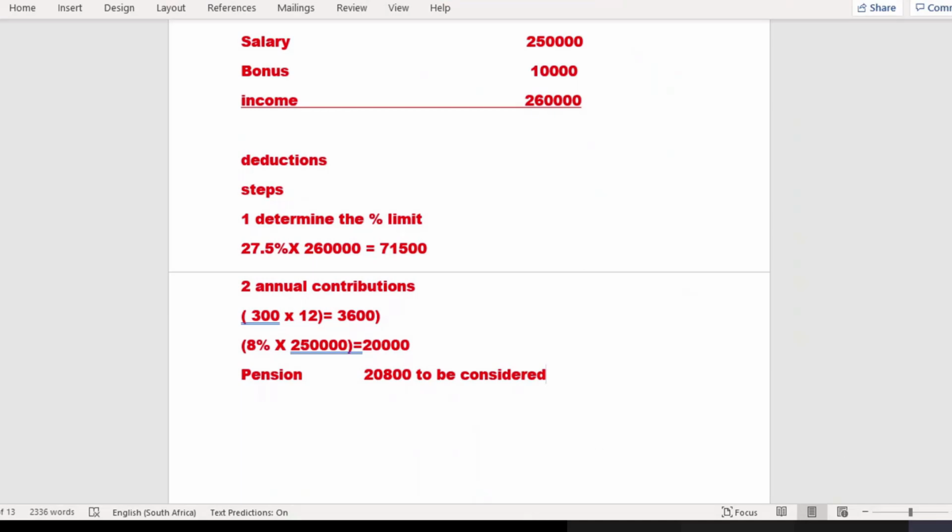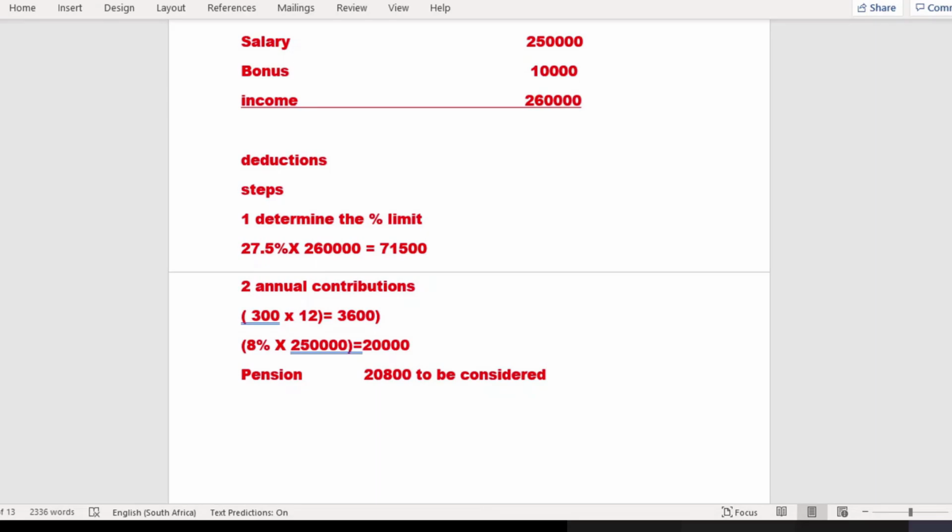So let's go to the next one. The next one is what? 260 of 27.5% is how much? We got 71,500 Rand, right? And the annual contributions were 300 multiplied by 12, which is 3.6, and 8% of 250,000 Rand, but we consider 20,800 because it's the greater.